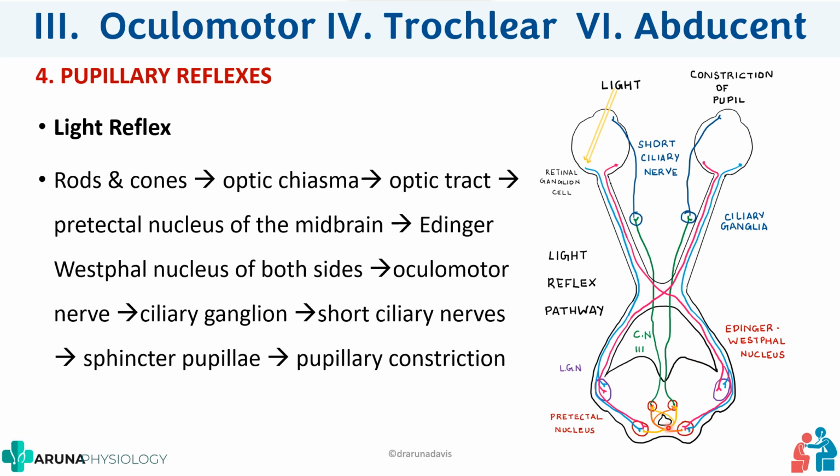You can see that when light falls on one eye, both the short ciliary nerves are being activated. That is why there is constriction of the pupil on both sides. So this is the basis for light reflex.